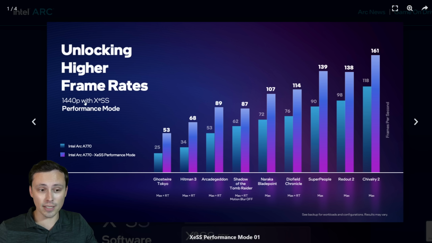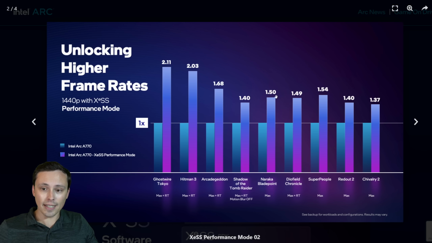Here's some numbers at 1440p in performance mode, running on an Arc A770 GPU. And then again, converted to a percentage uplift or a multiplier uplift. It's looking like in games like Ghostwire Tokyo, we can actually see over doubling of the frame rate, which is a big deal, whereas some other games are certainly a smaller boost, like 37% uplift in Chivalry 2.